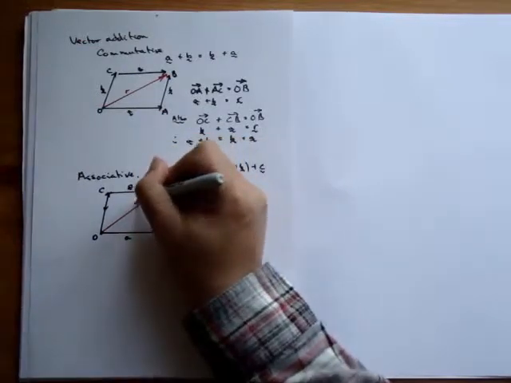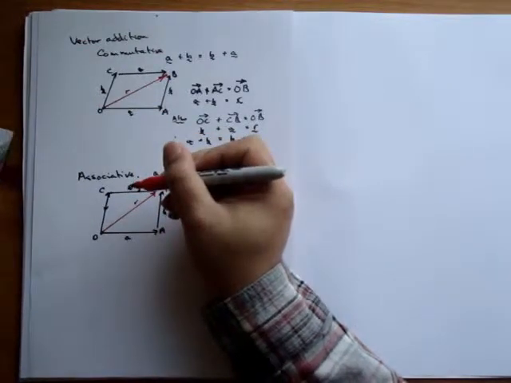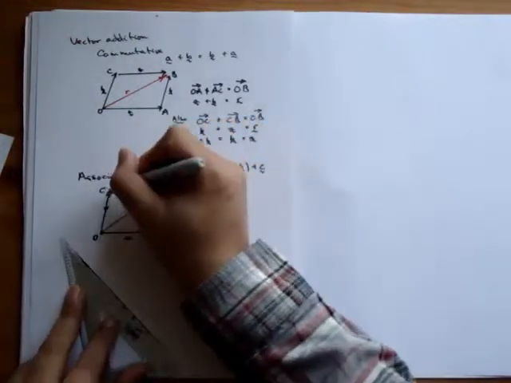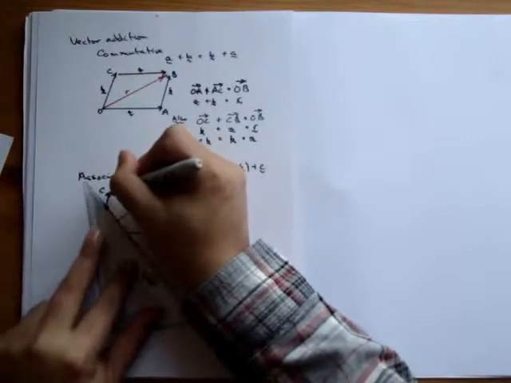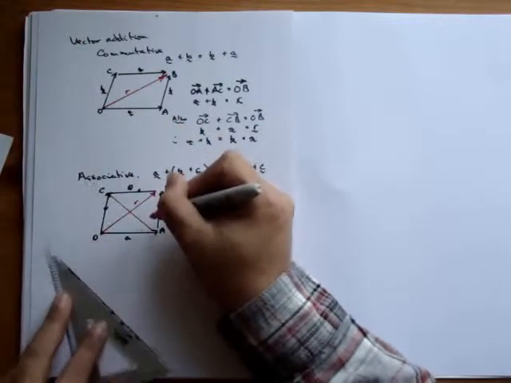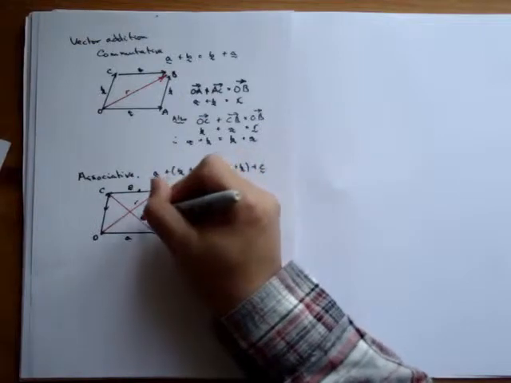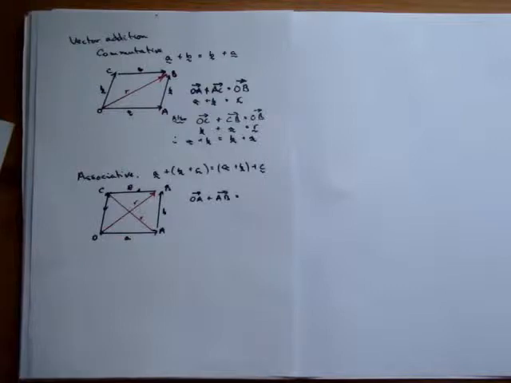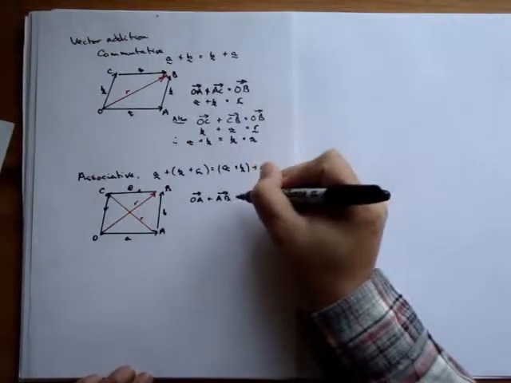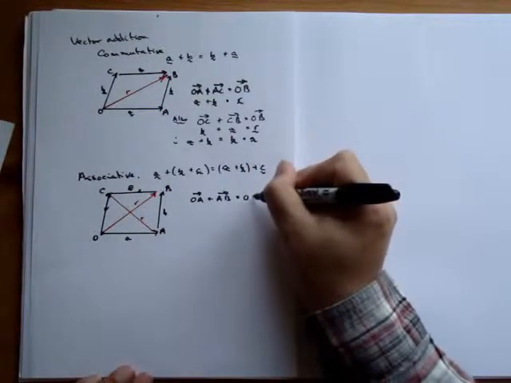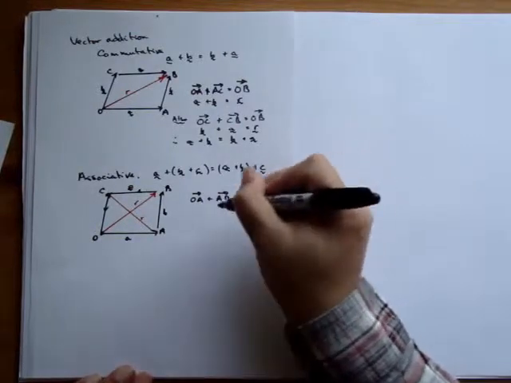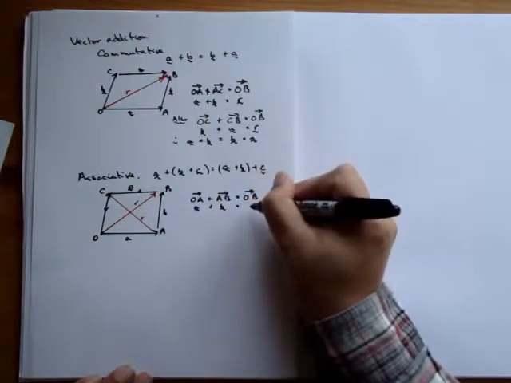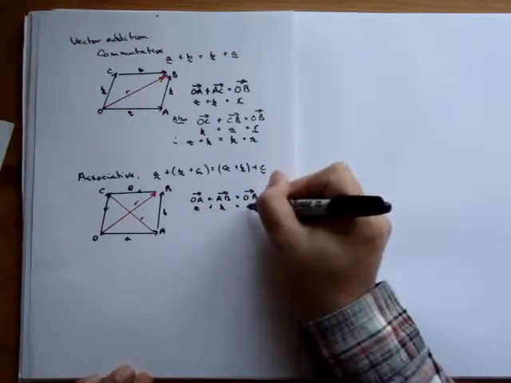And that's R. And we'd also have another resultant in the other way, and that would also be equal to R. So this O to A plus A to B is O to B. So if we write this as A plus B equals OB, which is R.